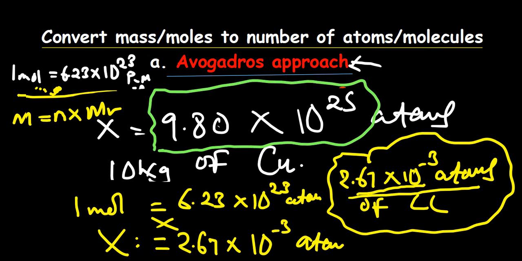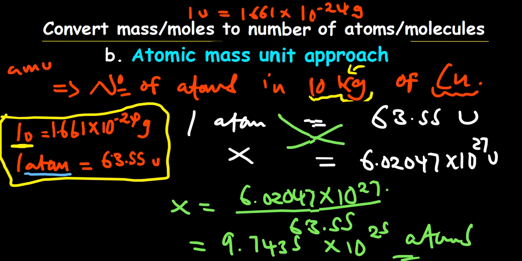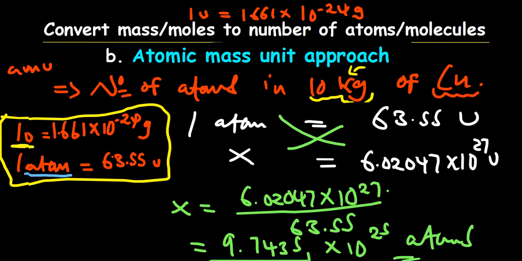We see that it's close to that same number, 9.7 times 10 to the power 25 atoms. So we can use either approach to find the number of atoms and molecules, but sometimes questions specify whether to use the atomic mass approach or the Avogadro's approach, so you have to know both.